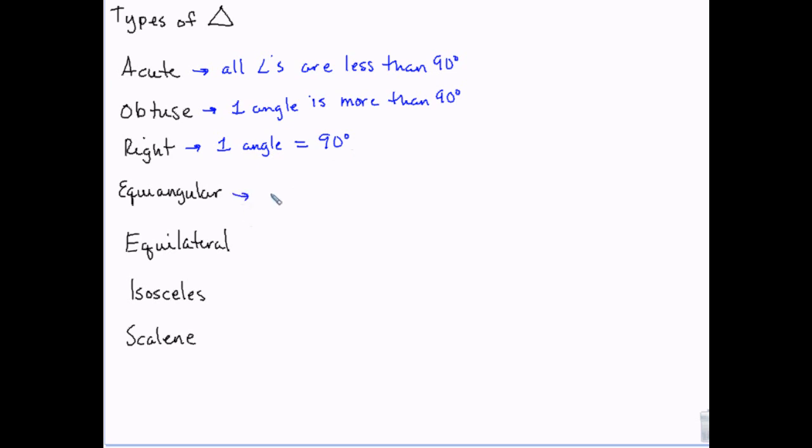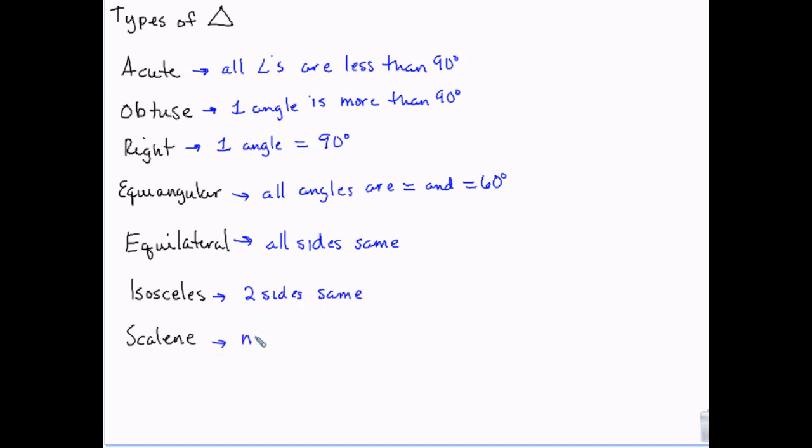And then equiangular, all angles are equal and they all equal 60 degrees. Equilateral, all sides are the same. Isosceles, two sides the same. And scalene is no sides the same.